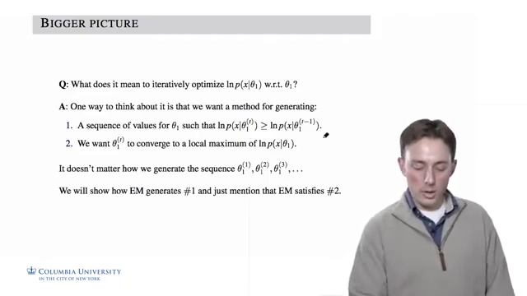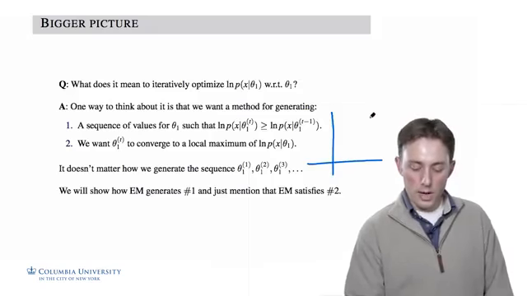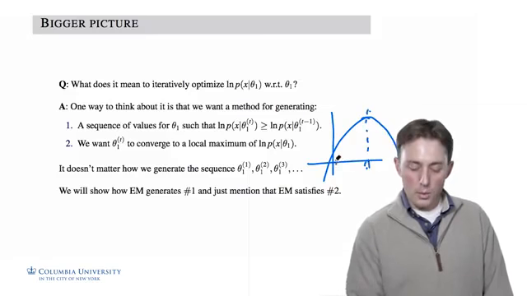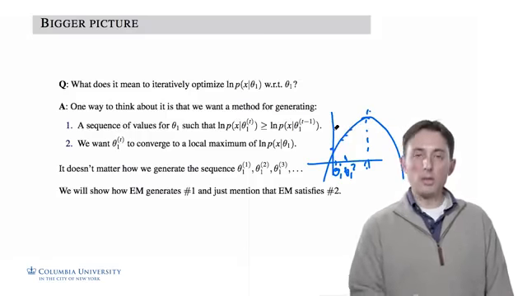Intuitively, if you want to know what that means, you could think of it this way. If this is what we're trying to maximize, imagine that this is the maximum point right here. We want a sequence of values, theta 1, 1, and then a second value, theta 1, 2, such that we're always increasing, always finding new values that are better than the old values.